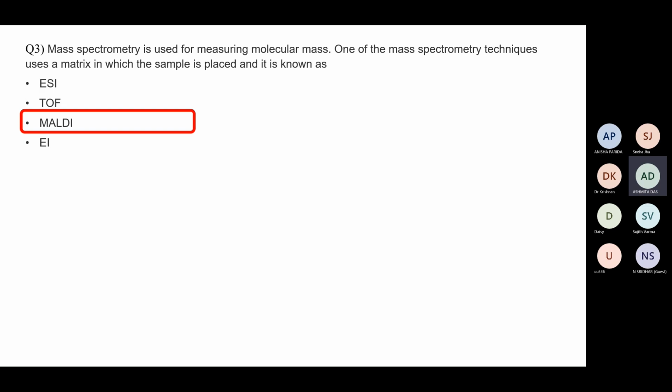Mass spectroscopy is used for measuring the molar mass. One of the mass spectroscopy techniques uses a matrix in which the sample is placed, and this process is known as which one? ESI, time of flight, MALDI, or EI.